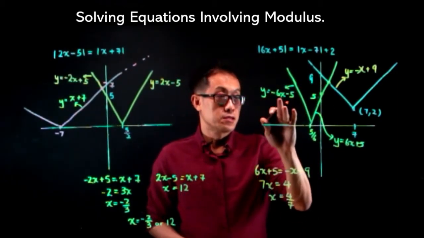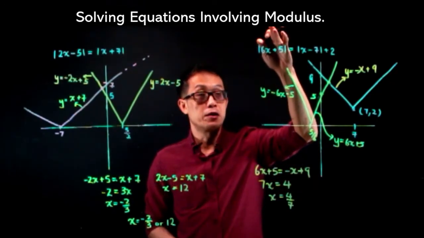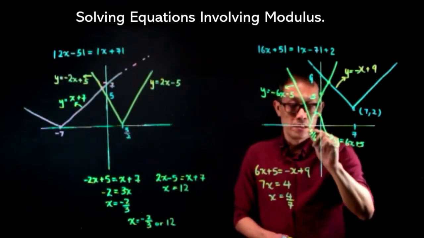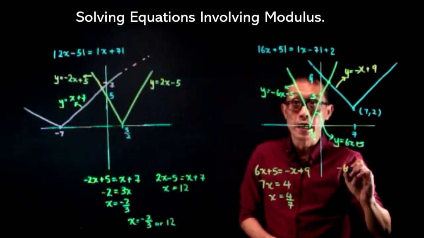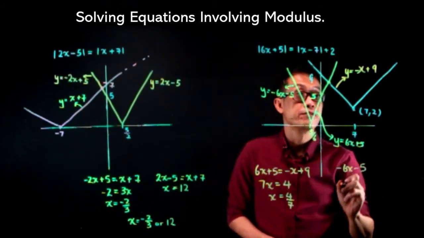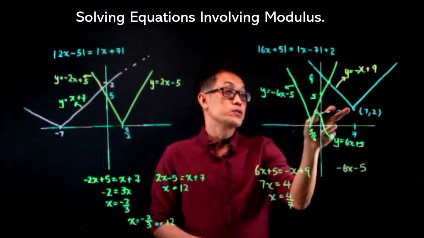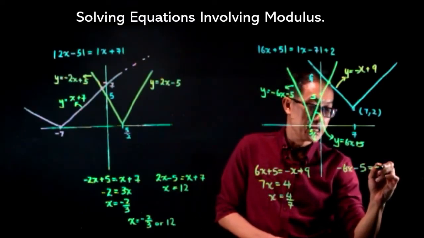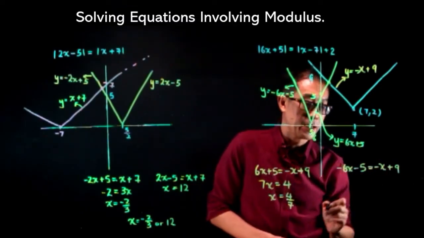Now let's find the intersection at another point somewhere up here. So here you get minus 6x minus 5 equals, what is the equation of this line? This line is minus x plus 9.